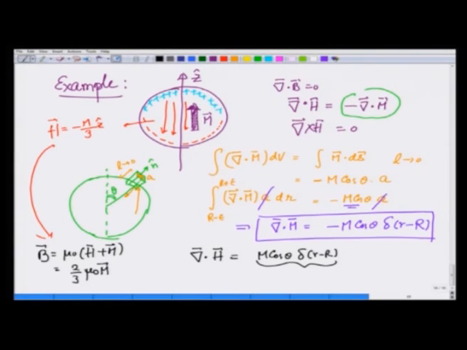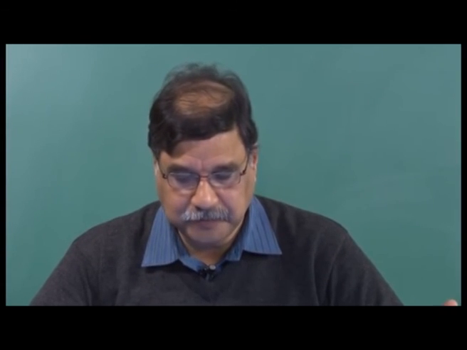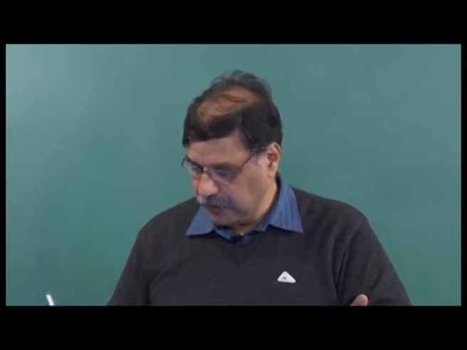This is the answer we had obtained earlier also by treating this as a sphere carrying surface current with sin theta dependence. So, what you see in this lecture is that in the case where there is no free current and only magnetization, I can write the equation for H as if it is an electric field being given rise to by bound magnetic charge minus del dot m.